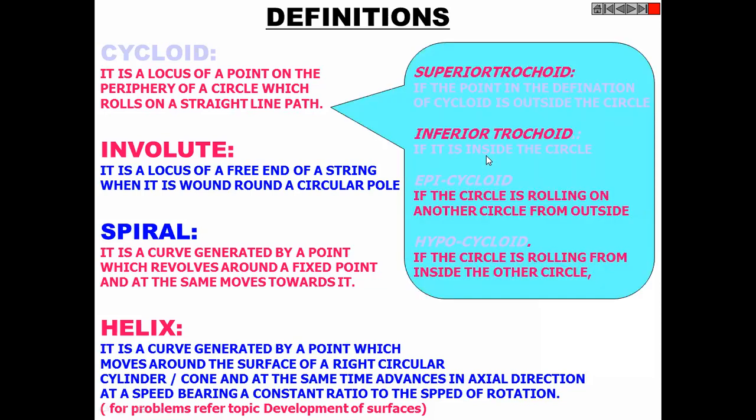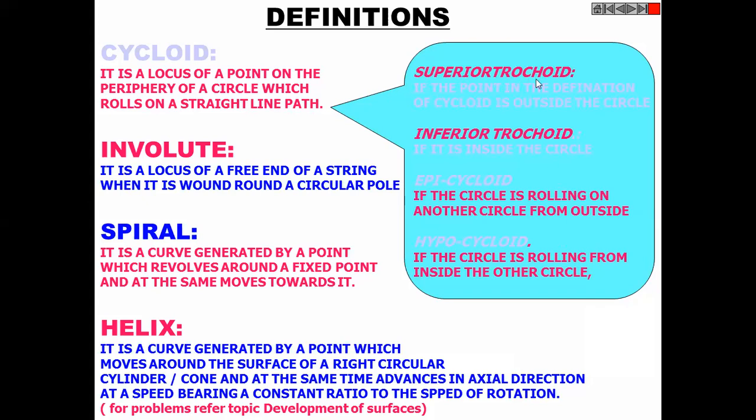So in cycloid, again we are having two different varieties, and both varieties can be further classified into two more categories.